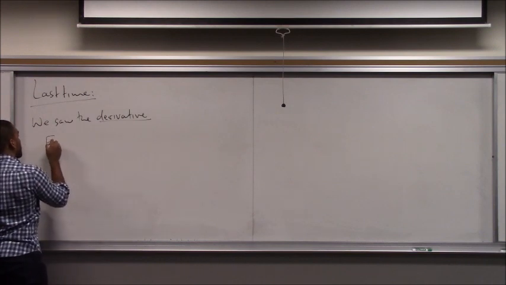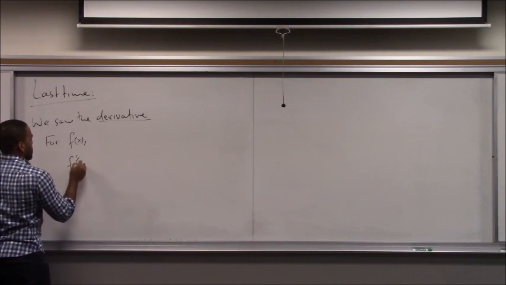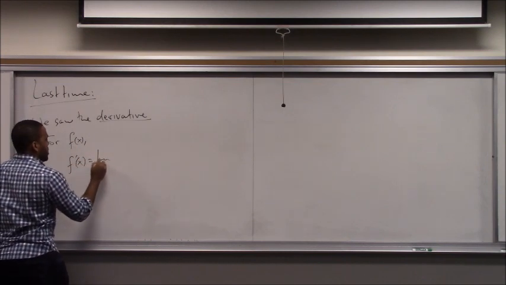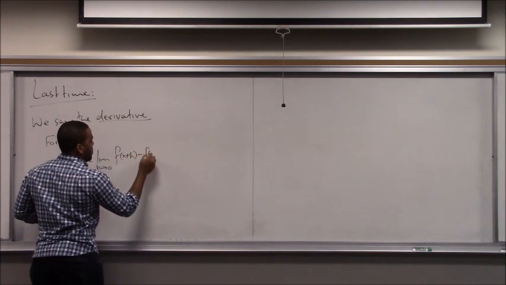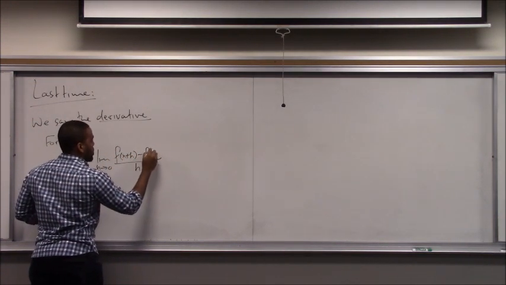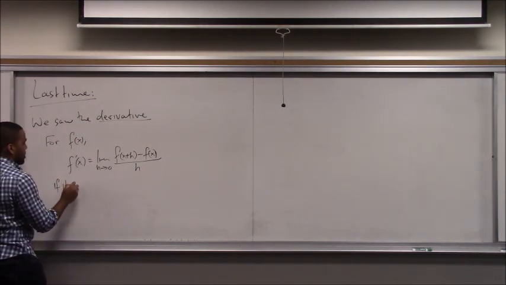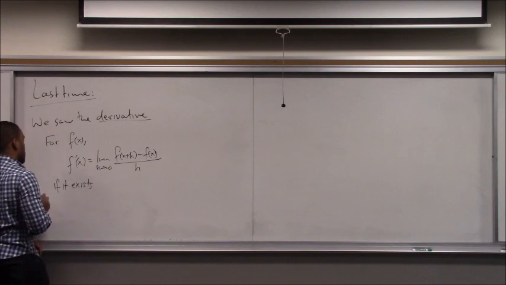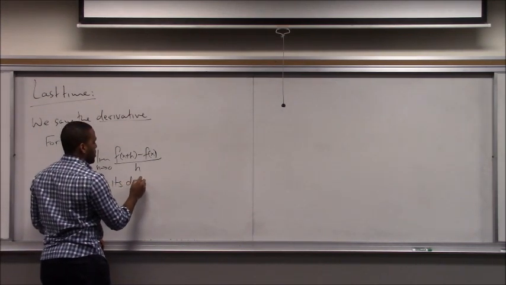So for f of x, f prime of x equals the limit as h approaches 0 of f of x plus h minus f of x all over h, if it exists, is its derivative.